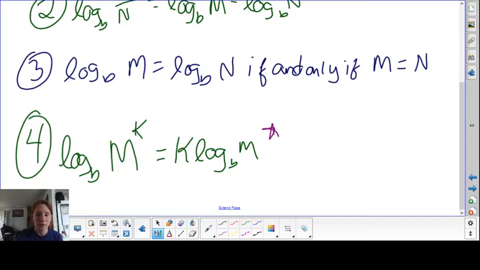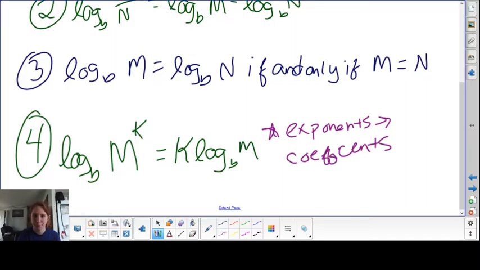So my little note here is exponents become coefficients.